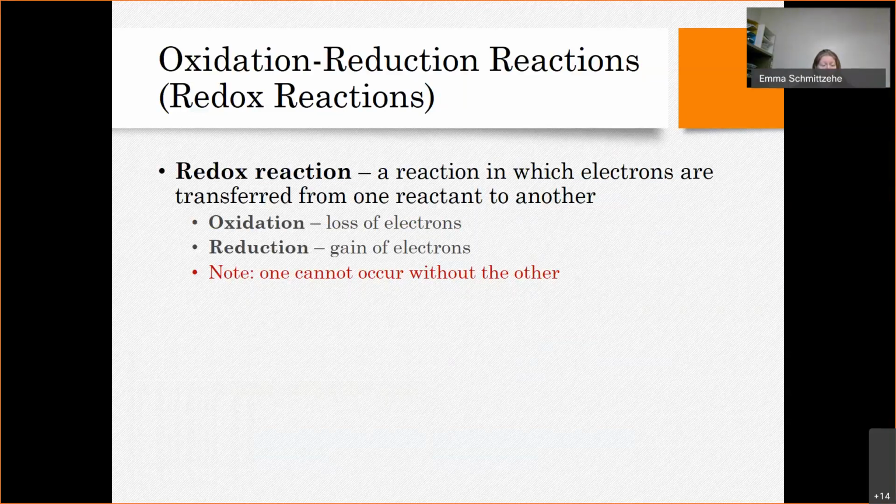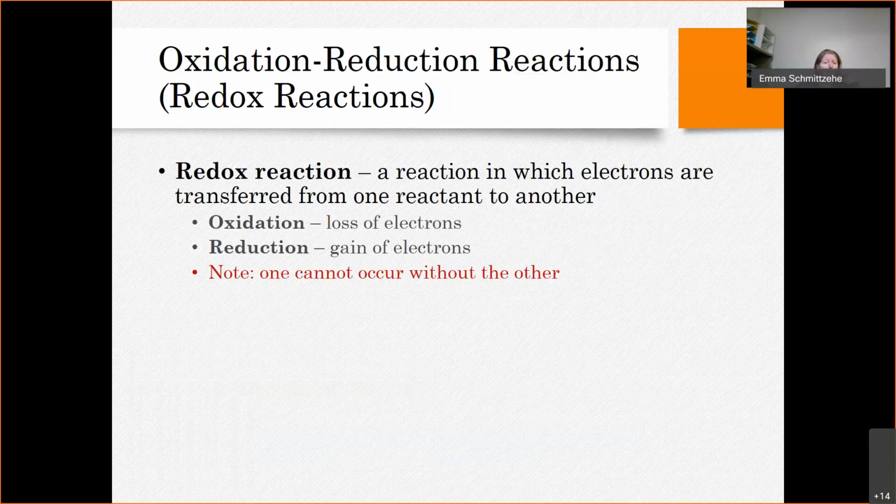Okay, so you can't just have an oxidation reaction or a reduction reaction. They have to happen in pairs, and so they have to happen together. If something loses electrons, there has to be something that's going to pick those up. Okay, and you can't have something magically gain electrons out of nowhere. So these have to happen together.